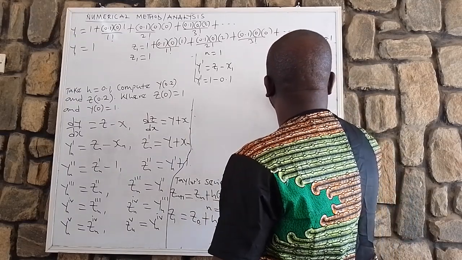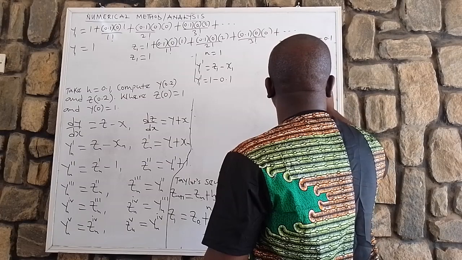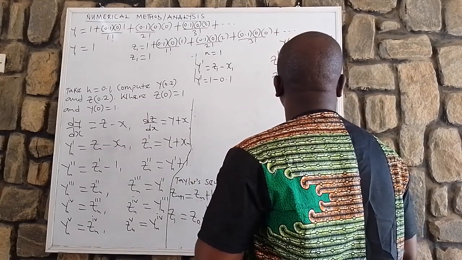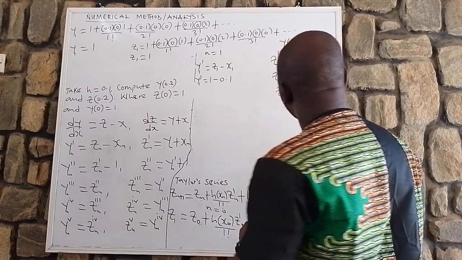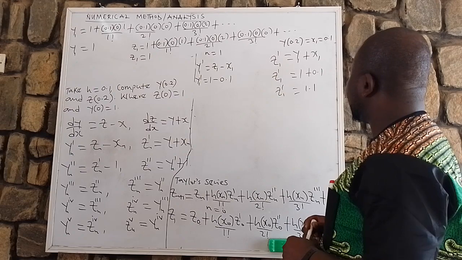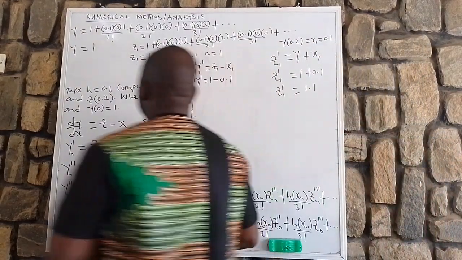So z1 prime is going to give you 1.1, isn't it? True or false? Yes, that is what we are going to have.